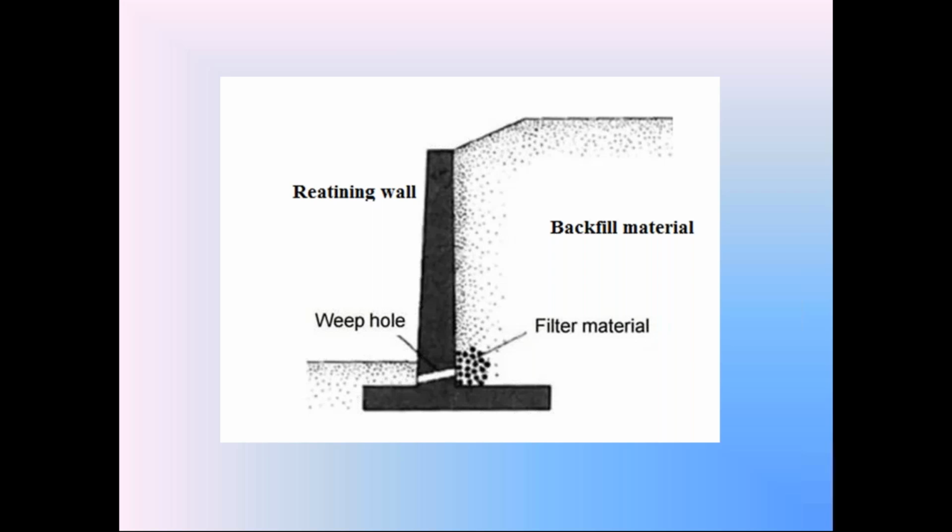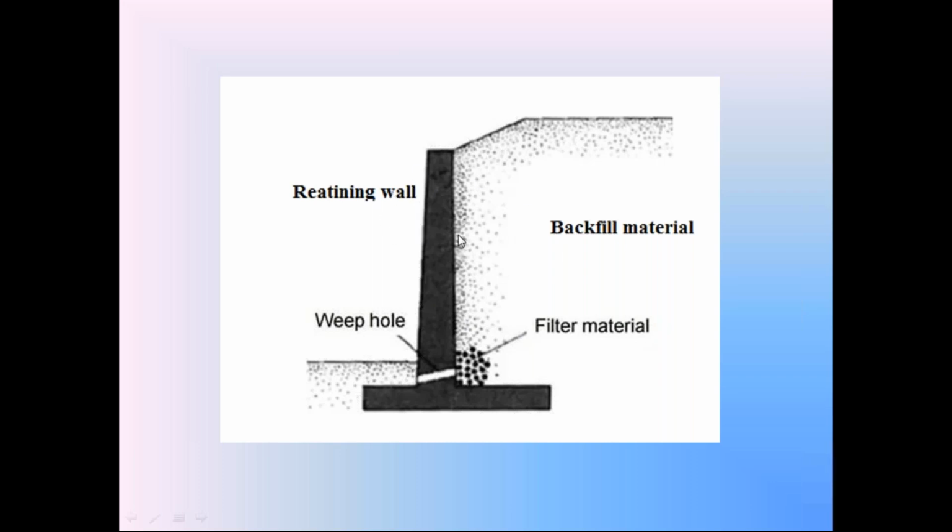less than 1 centimeter. That is the most critical condition. Sometimes the retaining wall has a horizontal movement of less than 1 centimeter. That movement of the retaining wall also affects the magnitude of horizontal earth pressure on the retaining wall.